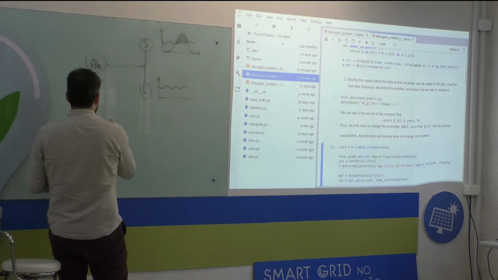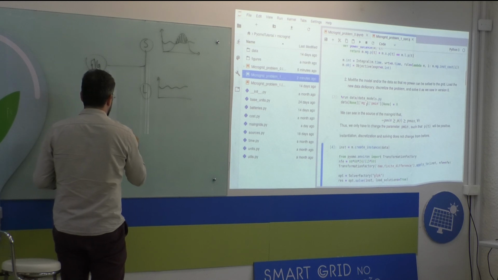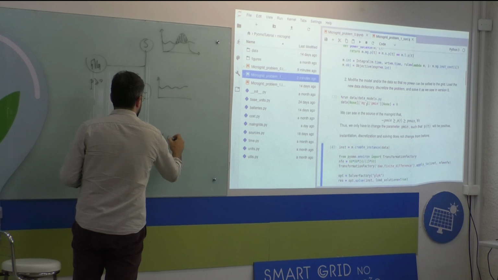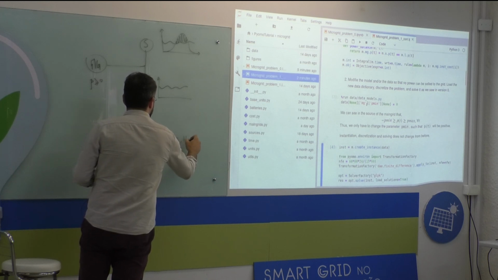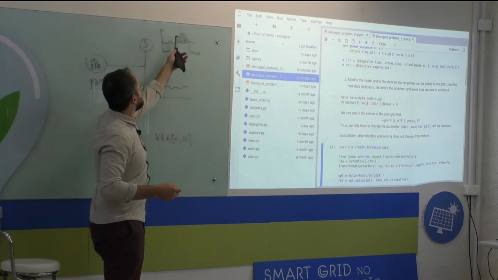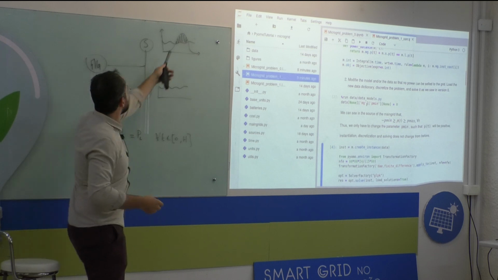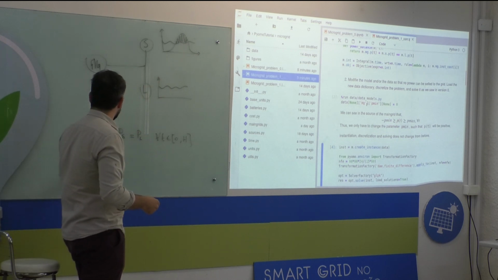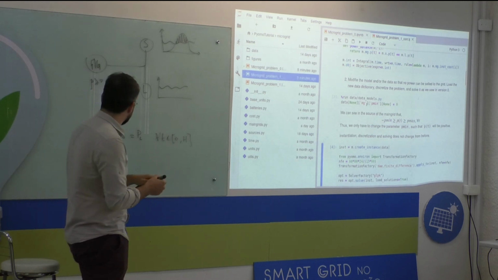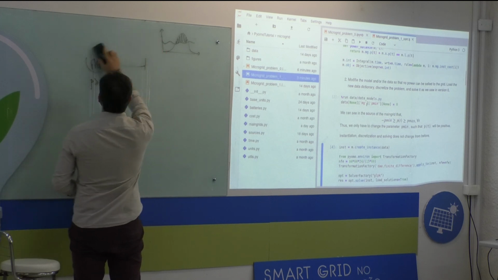Because the power of the microgrid plus the power of the source has to be equal to the load for every T. Okay? And this is not possible in this region, okay? Because in this region, this constraint says that PMG has to be negative. So it's not possible.